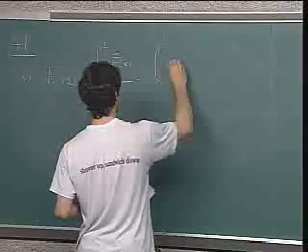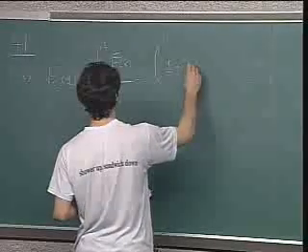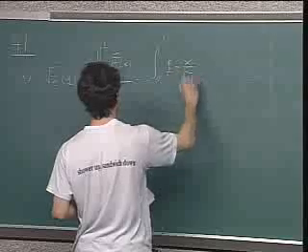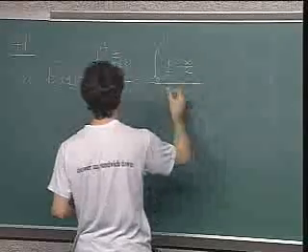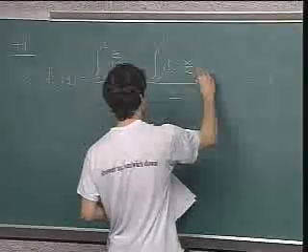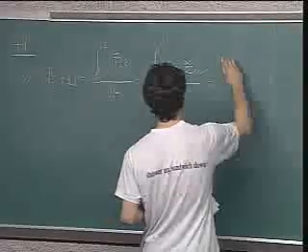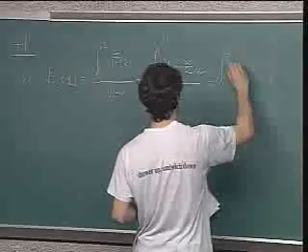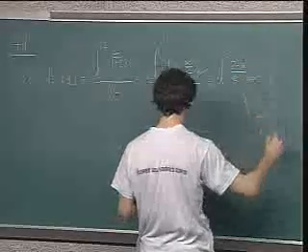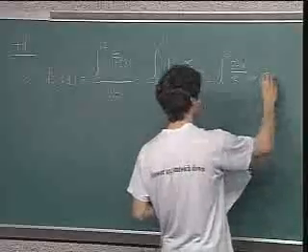So it would be 1 minus x over 2, divided by the mean, which is just 1, dx. So this is the integral from 0 to 1 of (2 minus x) over 2 dx, which is 3 over 4.